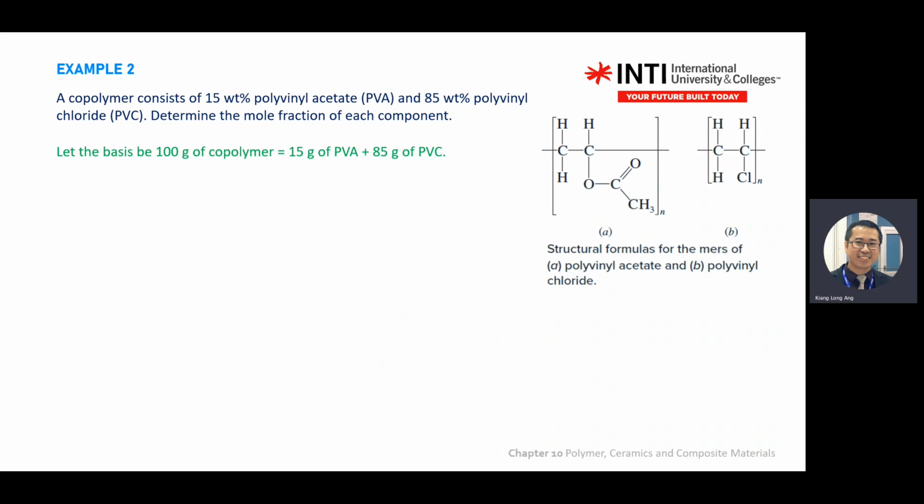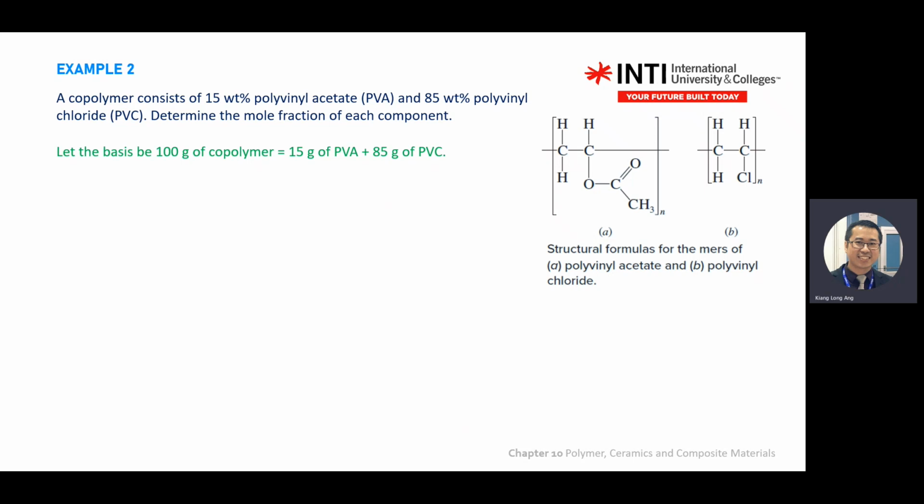So in 100 gram, if you have a copolymer consisting of 15% of PVA and 85% of PVC, you add these two, you get 100%. So just to make the calculation very simple, you just use 100 grams. So in 100 gram, you have 15 gram of PVA and 85 gram of PVC, right?